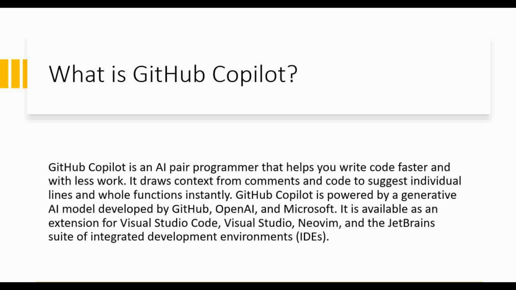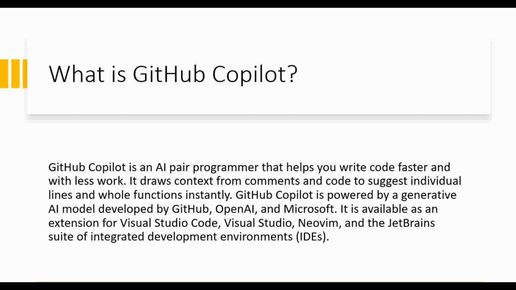So just now I mentioned the generative AI model, right? So it will help to generate new code from the data that it has been trained with, right? So it will use some public repositories to get trained, and it will use that data to train the particular LLM model.